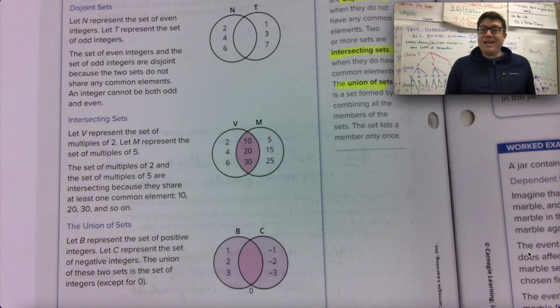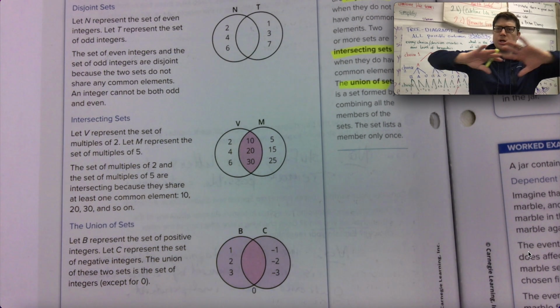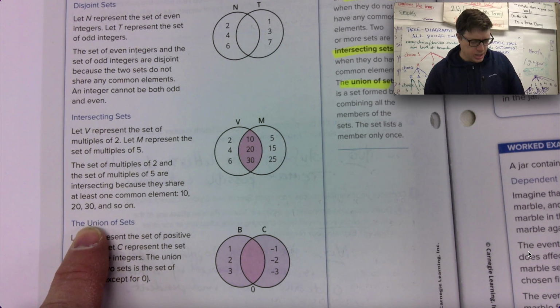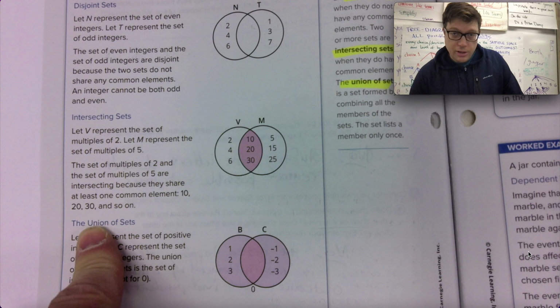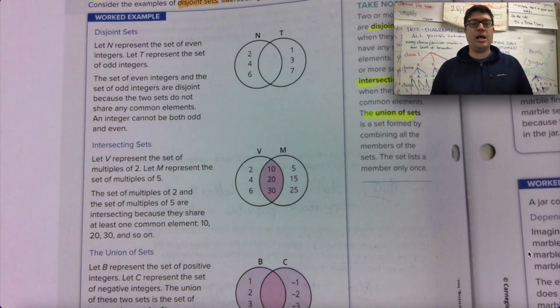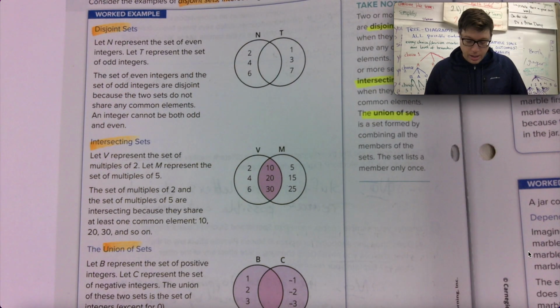So there shouldn't be anything in the middle of those two circles. But if we want to talk about the collection of all of them, we would say the union. Our notation for disjoint, intersection, and union of sets are math vocabulary words that need to be brought up.